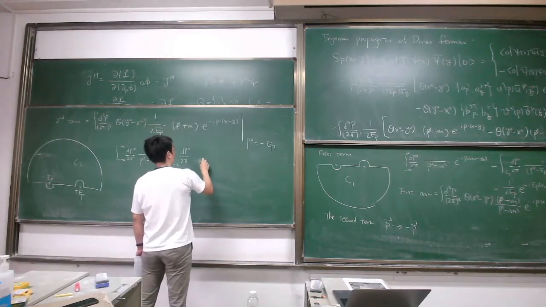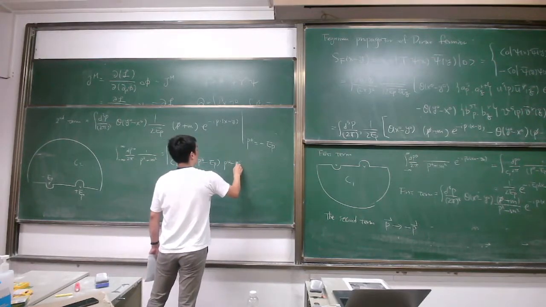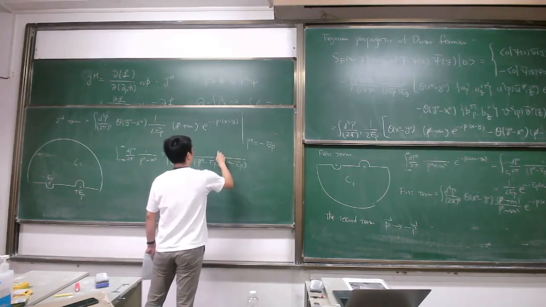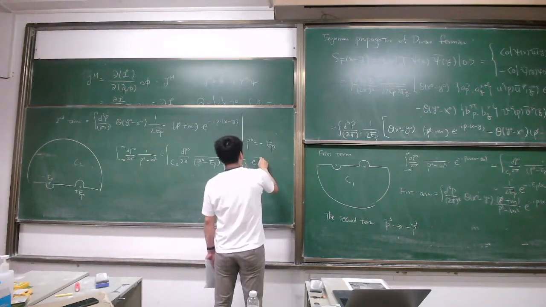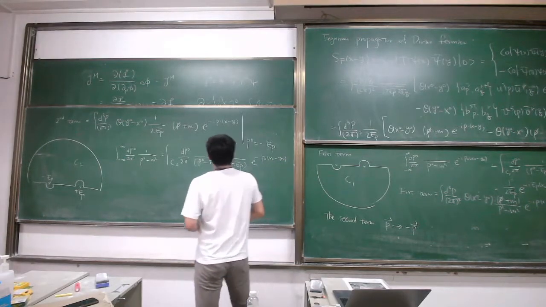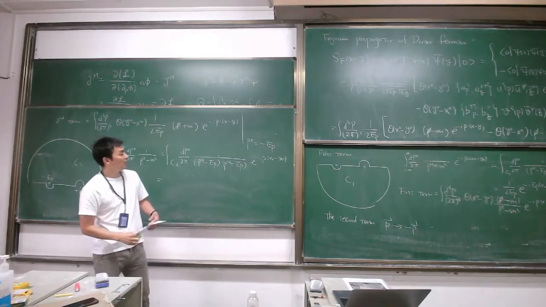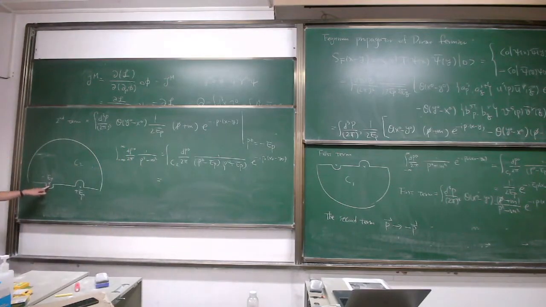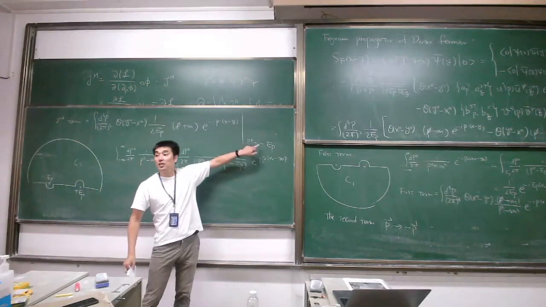P0 minus E_p, P0 plus E_p, and e to the minus i p0 (x0 minus y0). Okay. So then what you end up with, you can pick a pole from minus E_p. That will give you the P0 minus E_p condition.